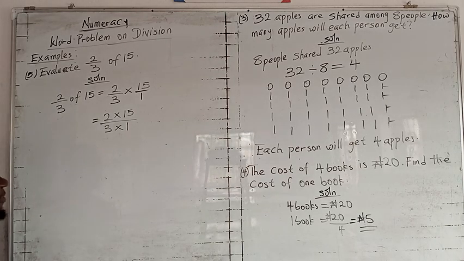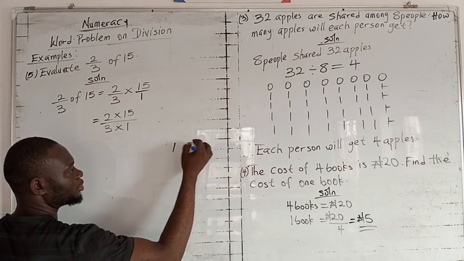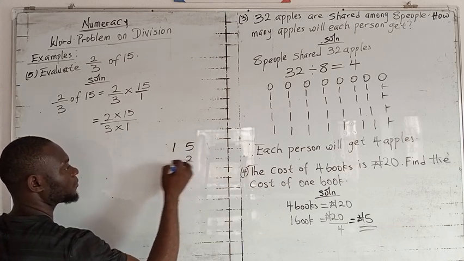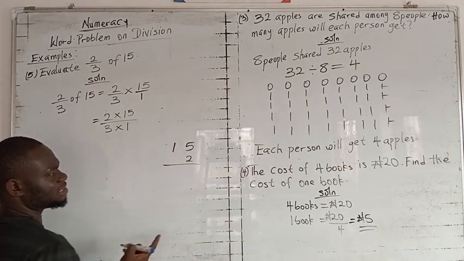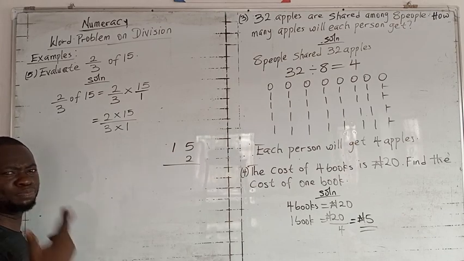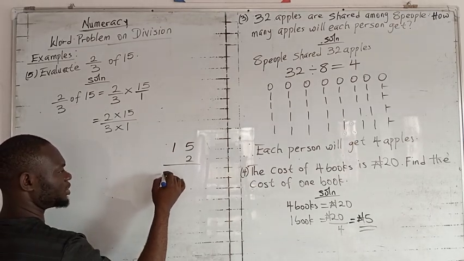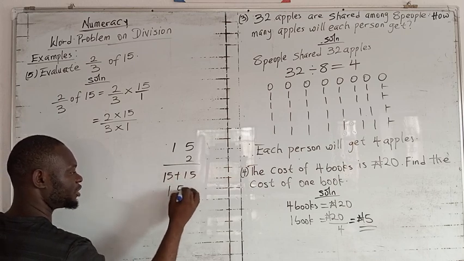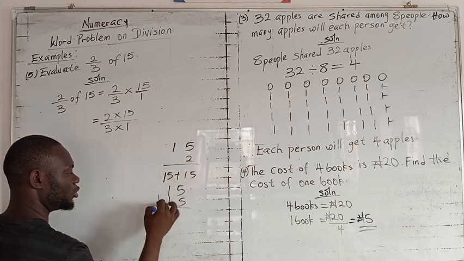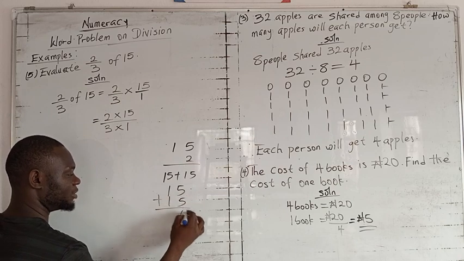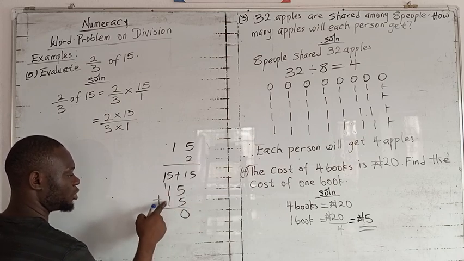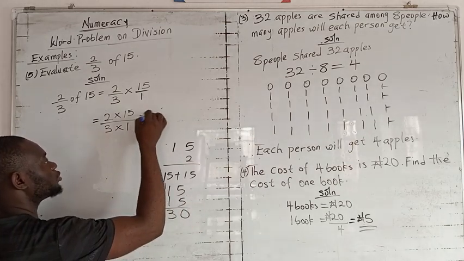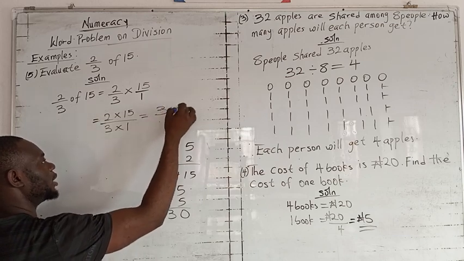Now what is 2 times 15? Let's use it as a rough book. Remember our multiplication: 2 times 15 is something like saying 15 in 2 places. So 15 in 2 places is 15 plus 15. 5 plus 5 is 10, 0 carry 1. 1 plus 1 plus 1 is 3. Meaning that 2 times 15 is 30.